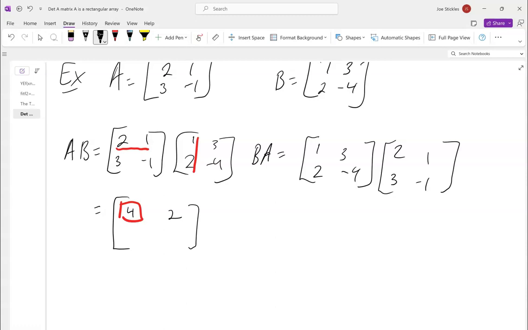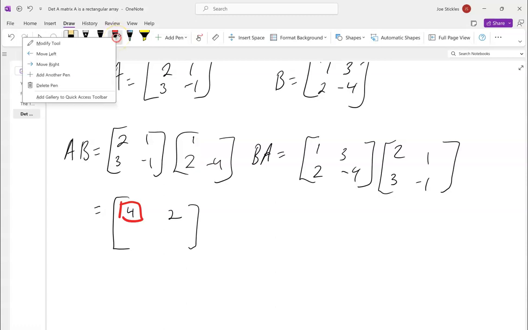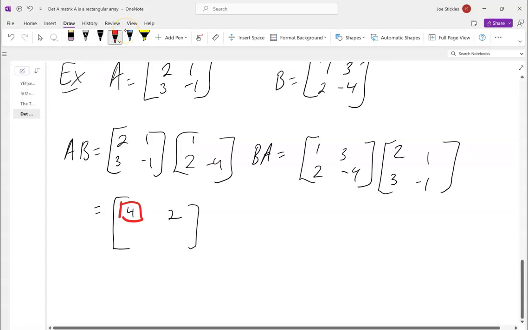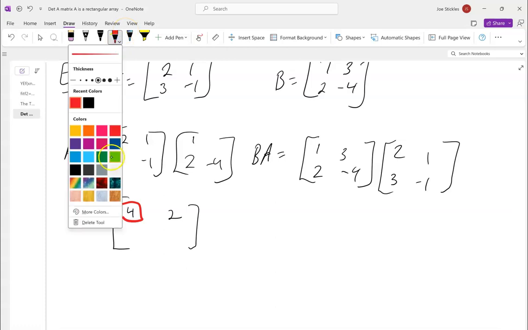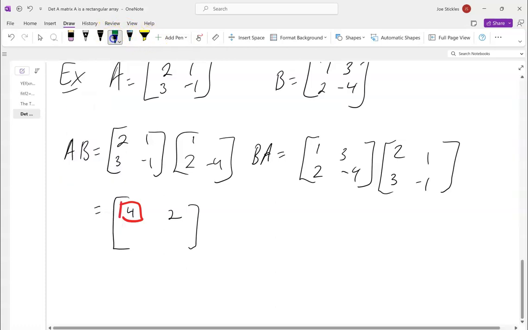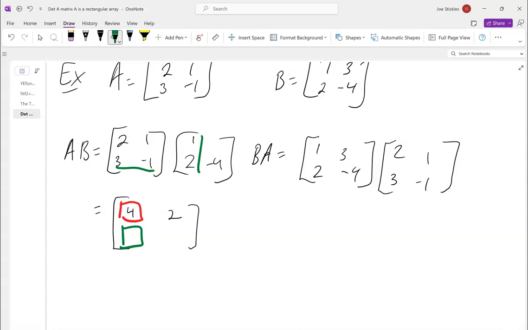How about the lower left? 3 times 1 plus what? The -1 times 2, right? So if I want to get this entry right here, we're going to take that row and that column and match them, right? 3 times 1, -1 times 2.